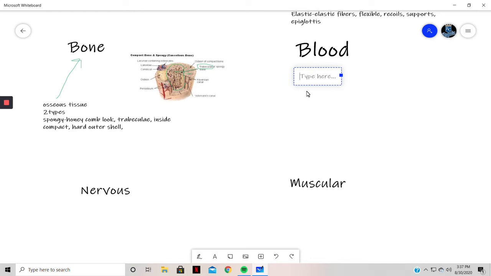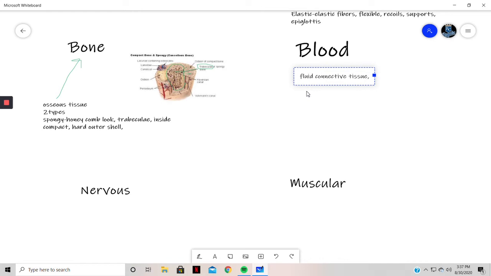But it consists of fluid connective tissue. So it's connective tissue, but more watery, as you can imagine blood would be.